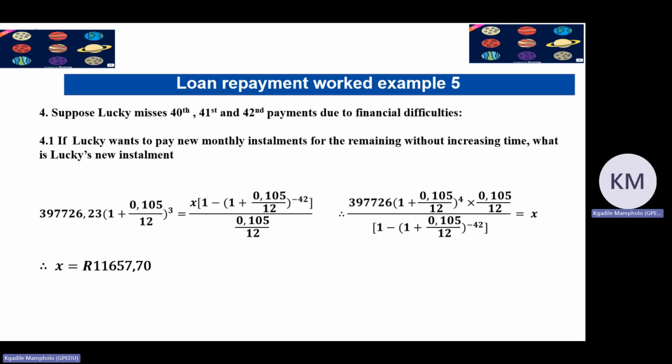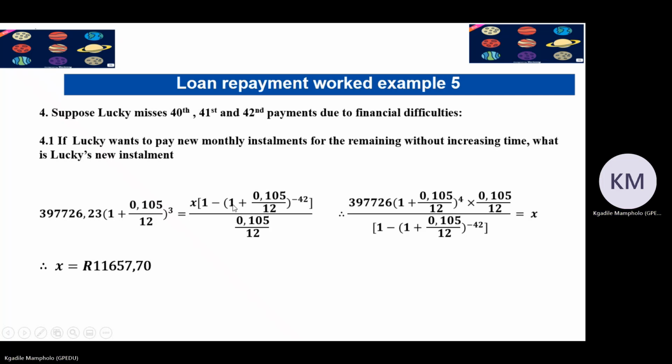The only interest that will be added will be on the outstanding balance after 39 months, which we calculated when we were calculating the interest. So the interest of the 3 months that he missed, which is the 40th, 41st, and 42nd, will be charged on the outstanding balance calculated in the previous question.